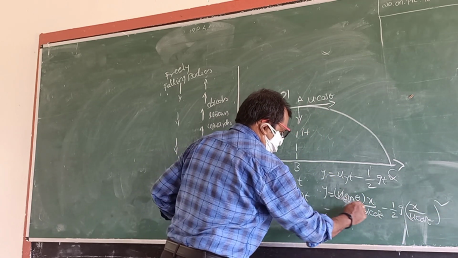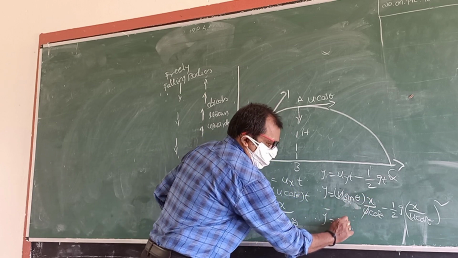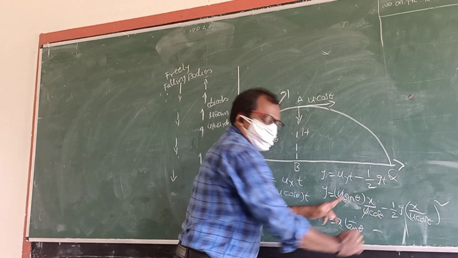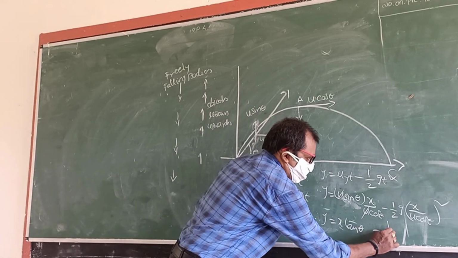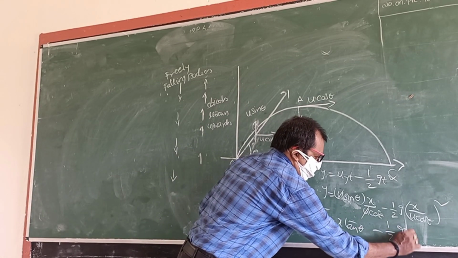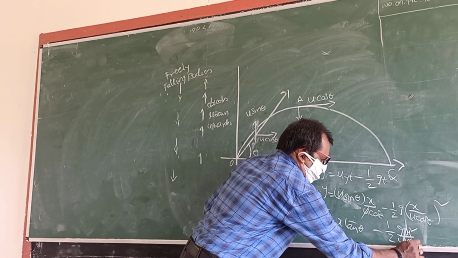Y is equal to, u gets cancelled, x tan theta minus 1 by 2 into g into x square by u square cos square theta.